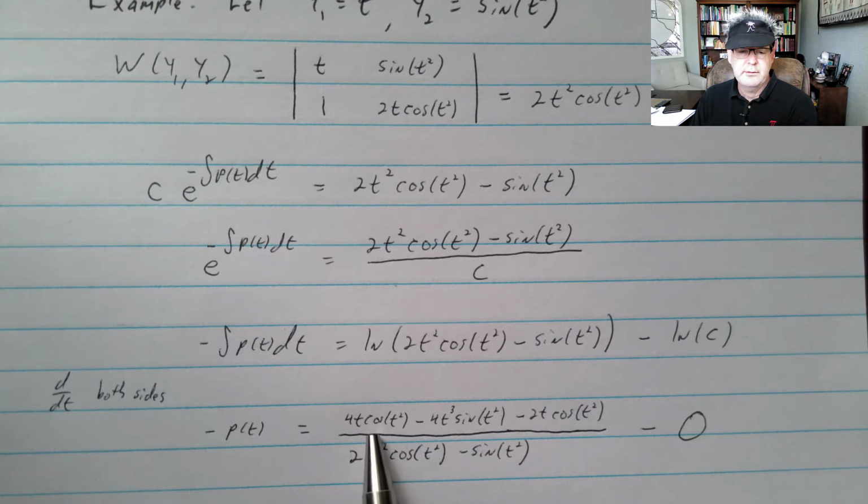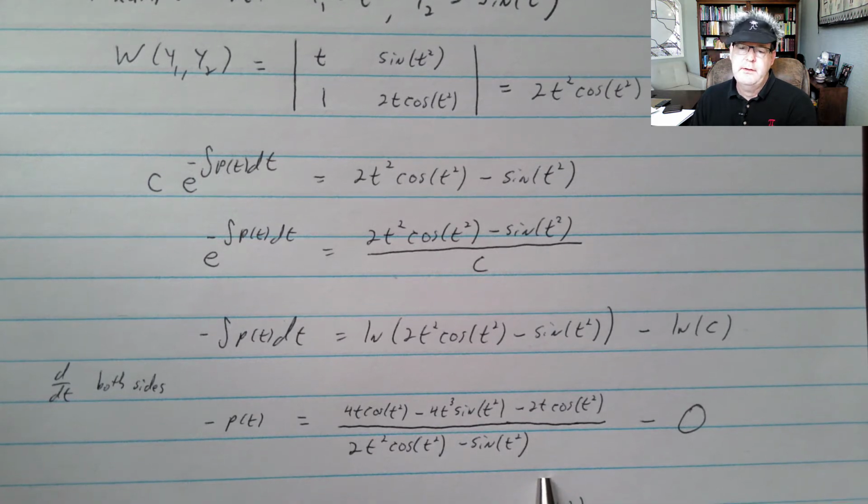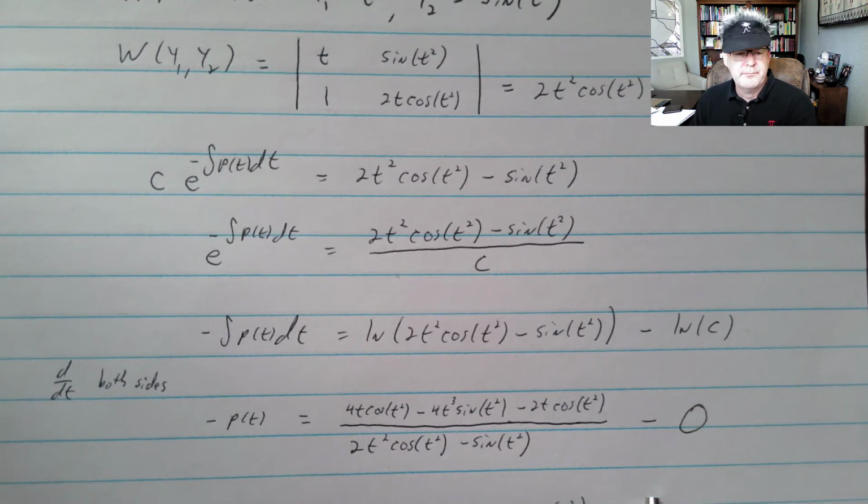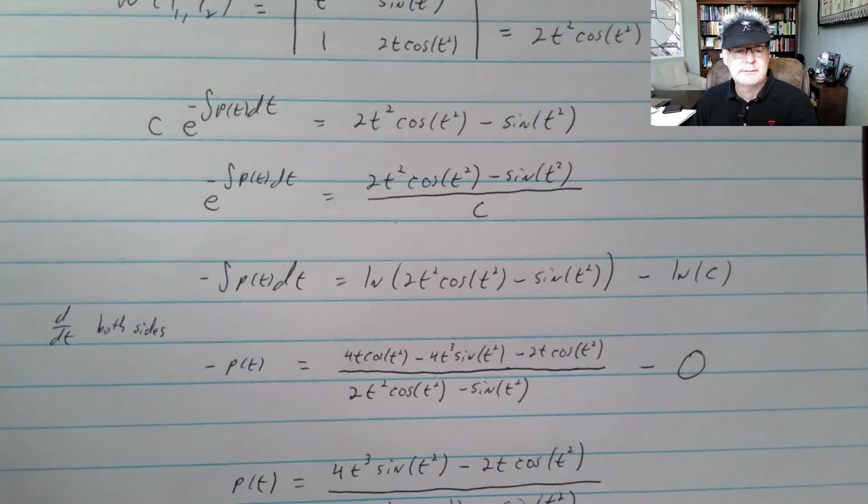You get 4t cosine t squared, plus the first times the derivative of the second. The derivative of the second will be negative sine of t squared times 2t. That gives me that. And the derivative of this term is right there. And the derivative of this constant is 0.